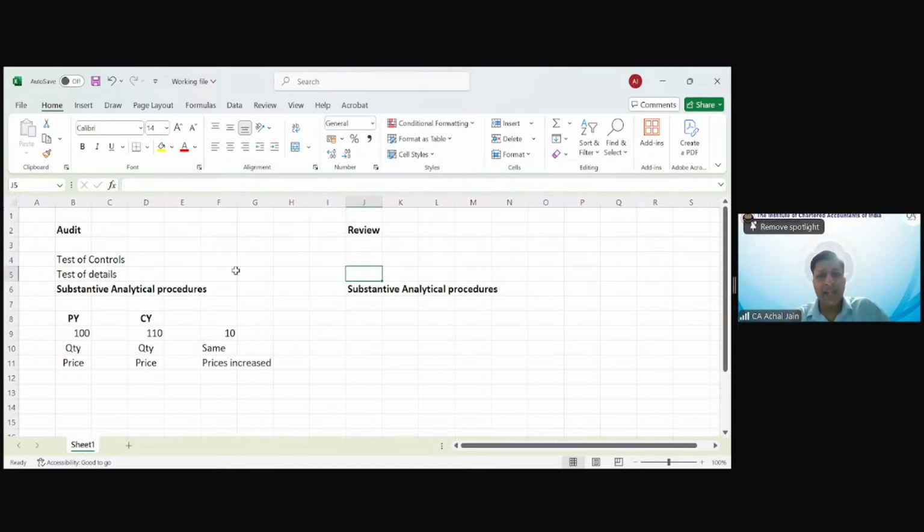Of course, it can be done wherever the need is felt by the auditor that he needs to do this. Maybe he wants to go beyond that. But of course, he'll not be doing that for each and every item of the financial information because that's not the objective. That's not the scope as well. But that doesn't stop him from checking some of the areas by testing the details.